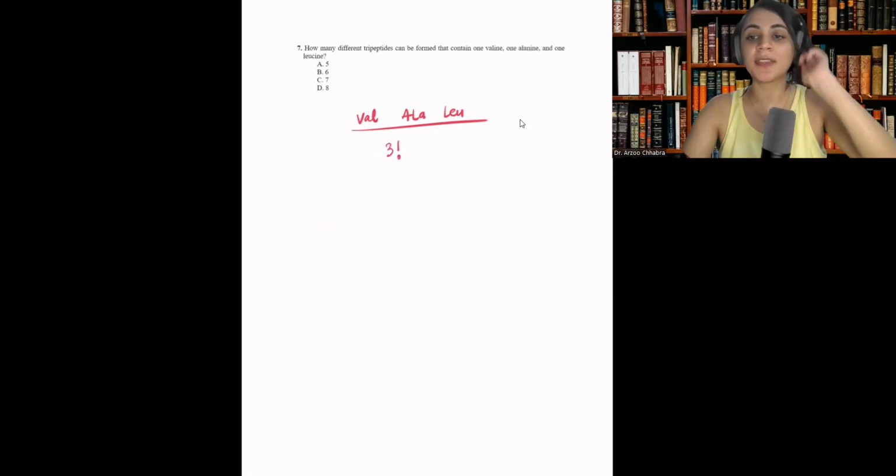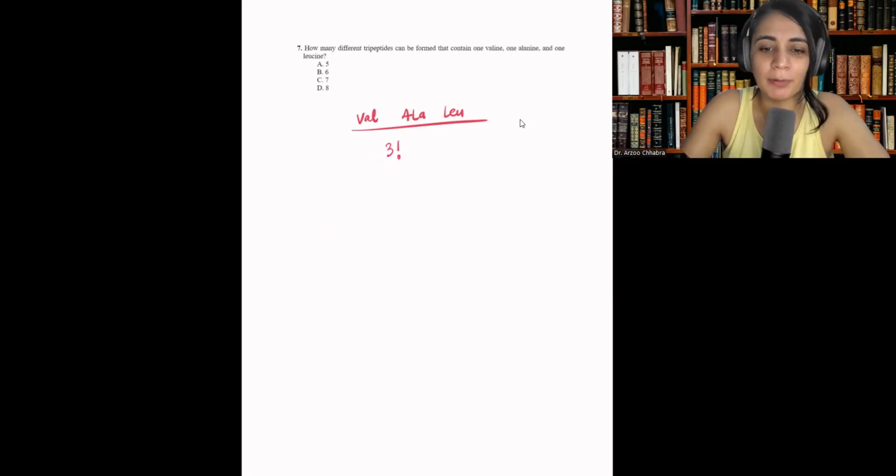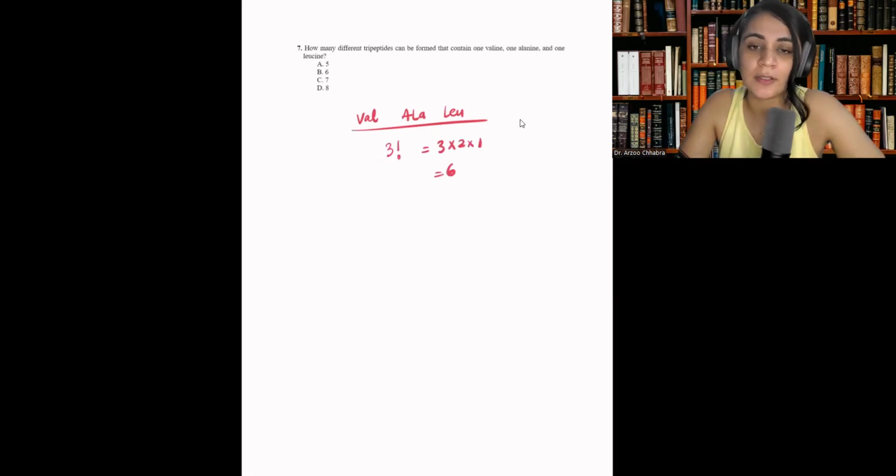If you have 3 different things, then you can rearrange them. This is a little bit of a math problem too. You can arrange them 3 times 2 times 1, in 6 different ways that will give you a different answer each time. So 6 is the correct answer for this problem.